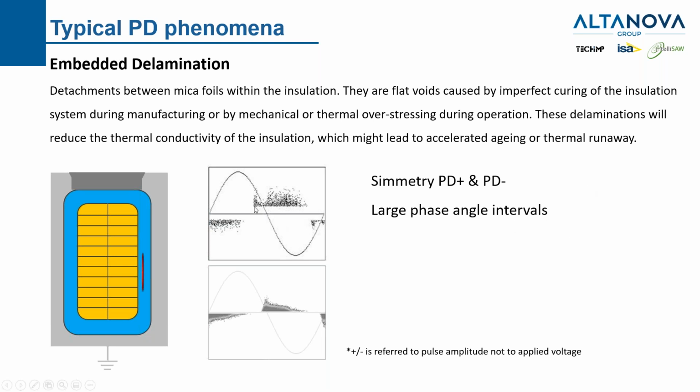When I mean phase angle, I mean the phase angle range that is covered by partial discharge activity. We have a mostly triangular shaped pattern, and we have a marked start before the zero crossing of the voltage. When I speak about zero crossing, I mean when the voltage is zero. So in the PRPD pattern, we are talking about angle equal to 0 or angle equal to 180 degrees.